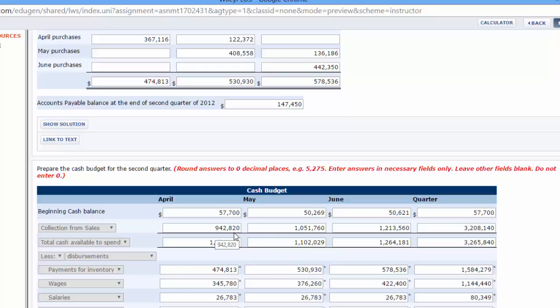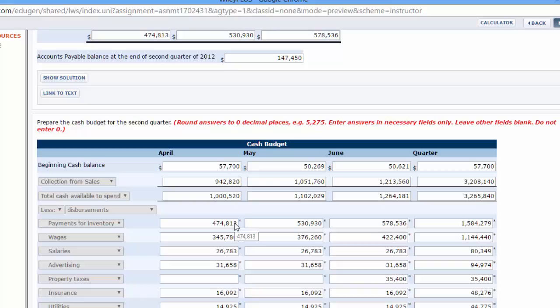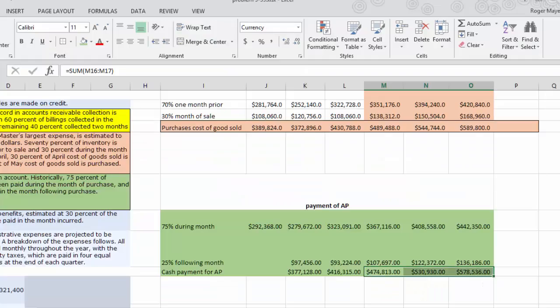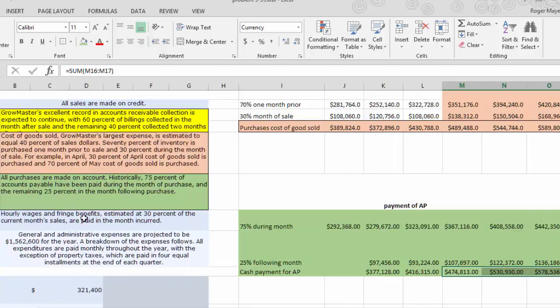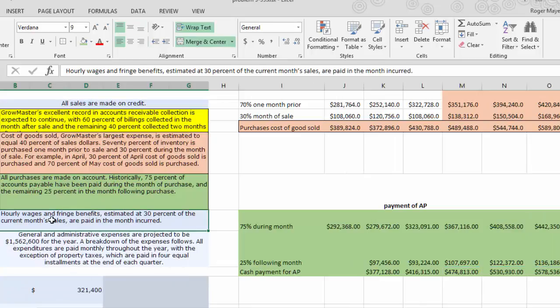So collected from sales are the numbers that we calculated. Then we need to determine the total cash available to spend. Payments to inventory, these are the things that we calculated just a minute ago. Wages, let's look at the narrative here. In relationship to wages, hourly wages and fringe benefits are estimated at 30% of the current monthly sales and are paid in the month incurred.